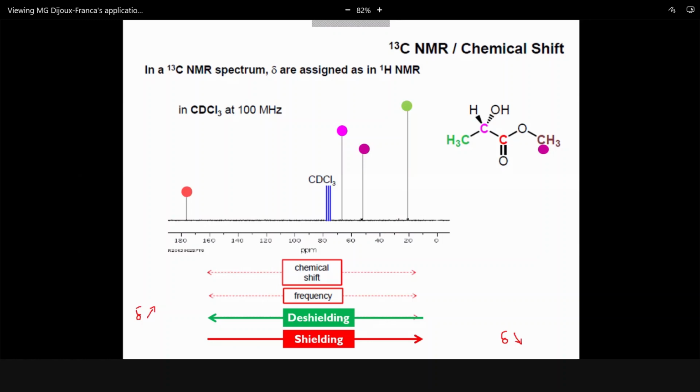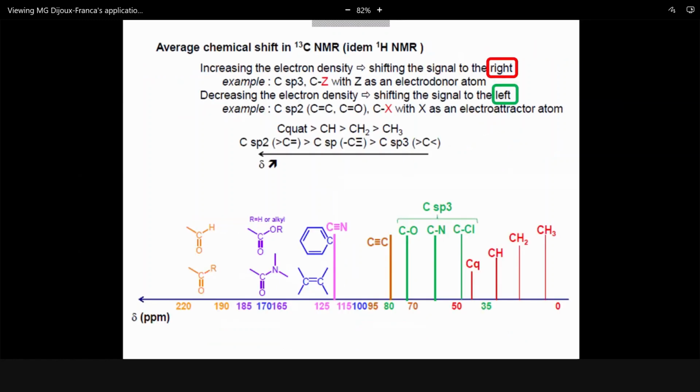And so we explained before why we have these different chemical shifts. So it's the same. Again, here you have the average value of chemical shift for carbon-13 NMR, depending on the electronic density around the carbon. And of course, it depends on the chemical groups. This is quite the same as we have just done before. So it's another way to make a figure.